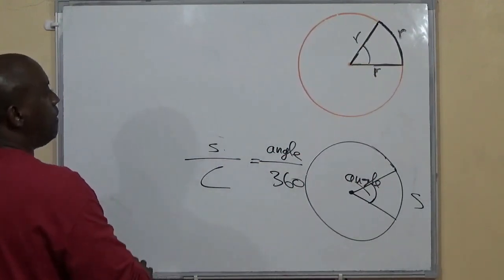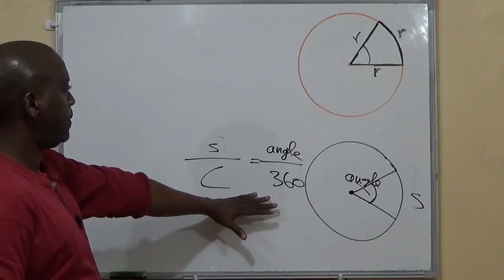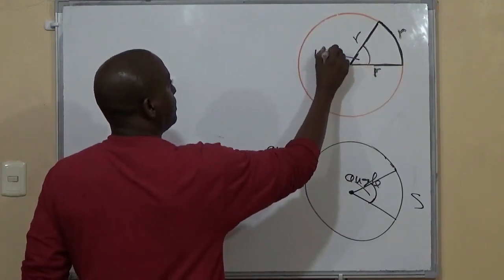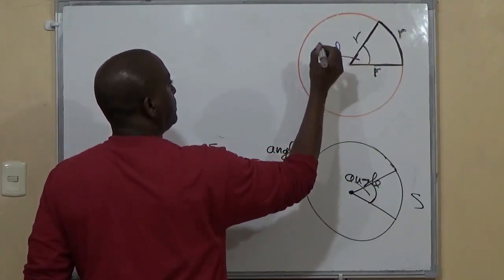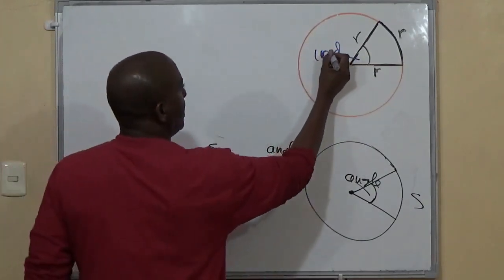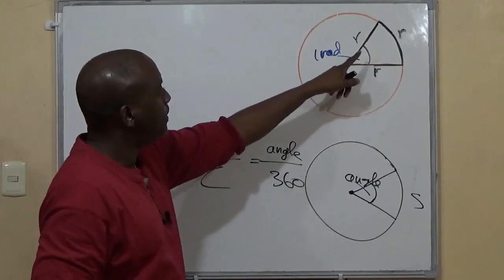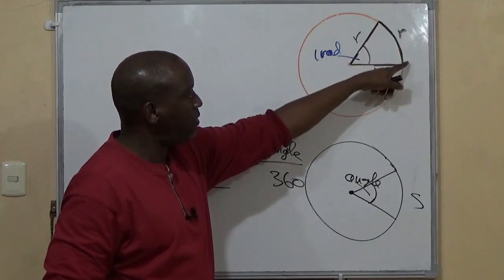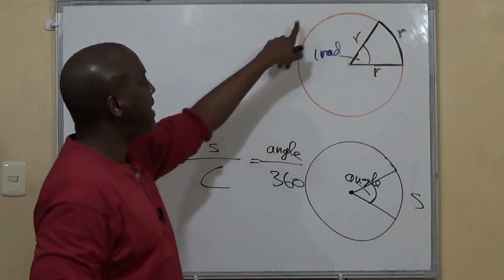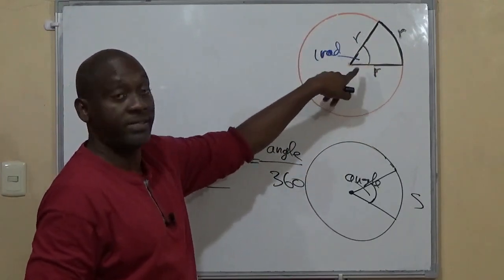Using this idea, since this here is 1 radian, as a RAD short for radians, the ratio of R, which is 1 radius length, to the entire circumference is the same as the ratio of 1 radian to your 360 degrees.